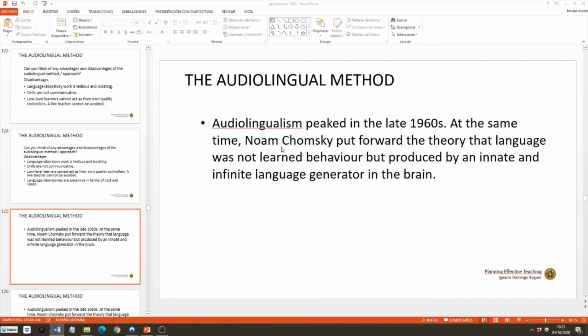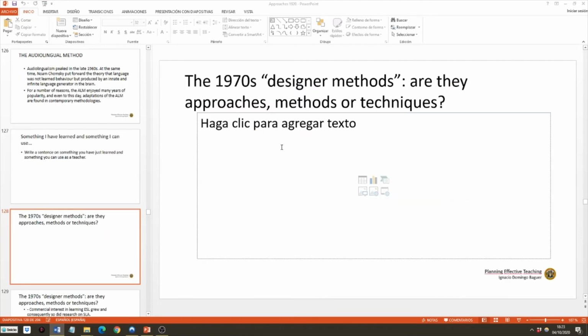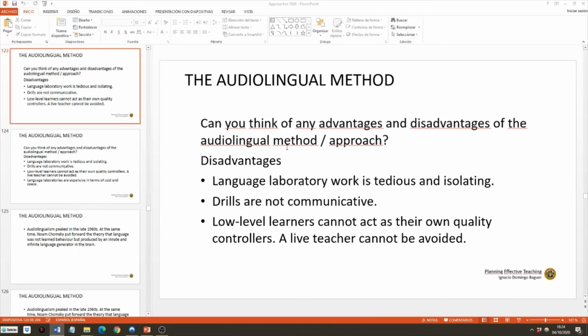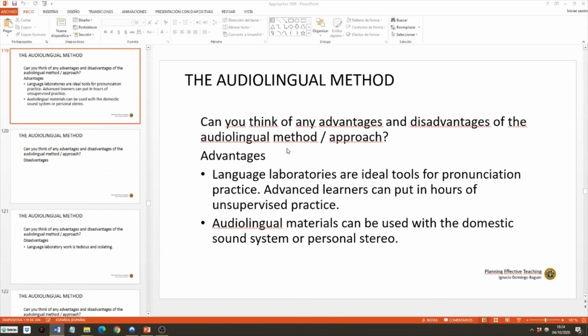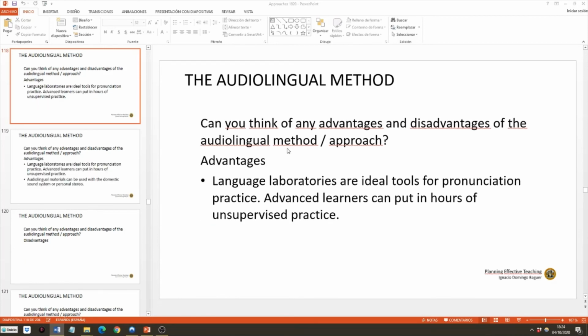But what about the advantages? Students who have learned a language using the direct or the audiolingual method usually boast of a very good pronunciation. They also develop very good conversation skills about everyday topics and situations.